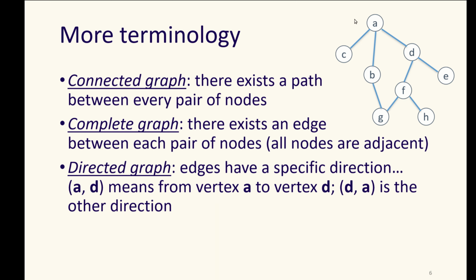We can get from A to D and we can get from D to A without any complication. So in a directed graph, edges have a specific direction to them. So an edge like AD means that from vertex A you can get to D, but unless you see the reverse edge listed, DA, then you may not be able to get from D to A.